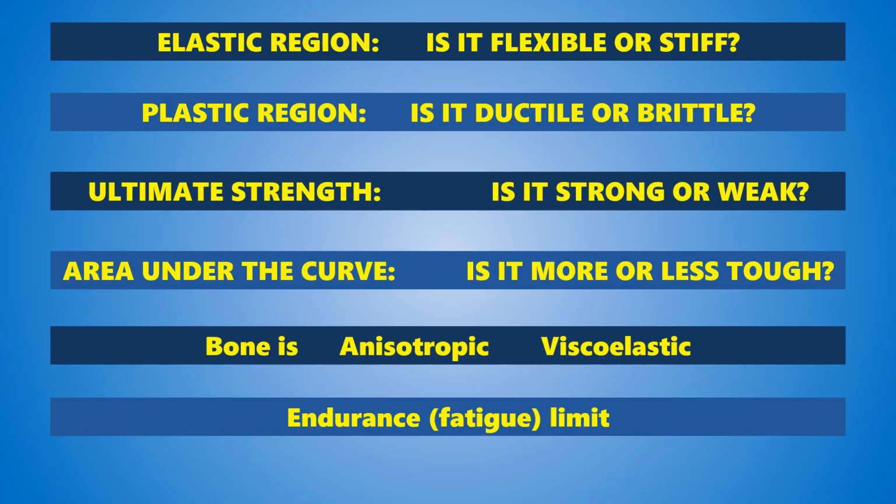Ductile if the material undergoes large deformation before failure. With respect to the ultimate tensile strength, if you have a material A that has a higher ultimate tensile strength when compared to material B, you can say that material A is stronger than material B.